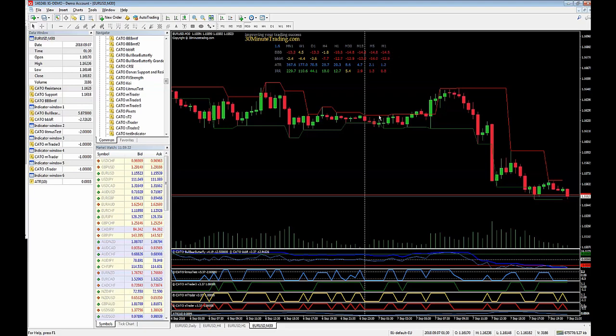Fairly straightforward. When it's red it's going down, when it's green it's going up, and when it's yellow it's more or less undecided. You can change those settings however you want, which I'll come back to in a moment.